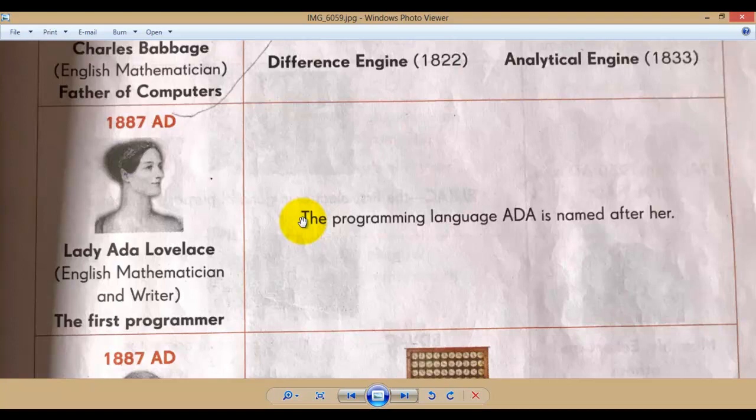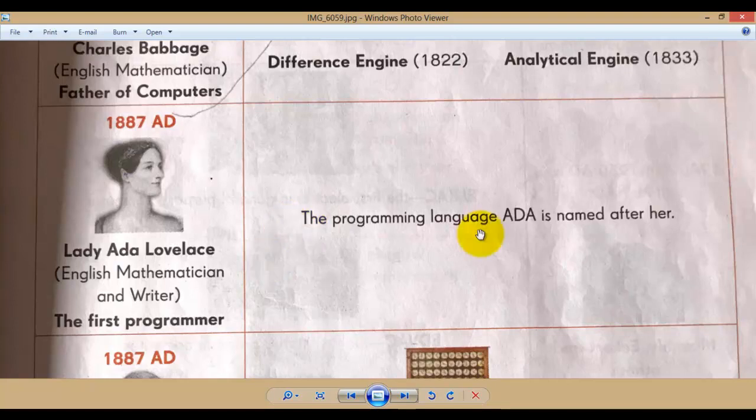They have to write that instruction. So before writing the instruction, we need to develop the algorithm first for the calculation or the work which you are going to develop. That algorithm was first developed by this lady, Ada Lovelace.